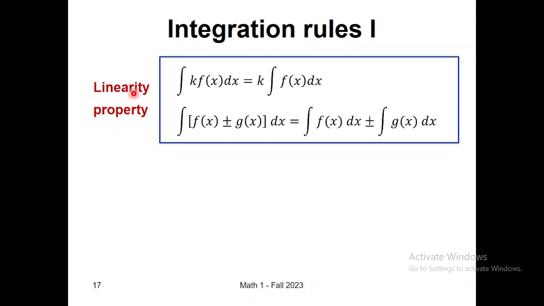If you want to integrate k multiplied by some function f, you can take k outside the integration. So it will be k multiplied by the integration. And if you want to integrate the sum of two functions, the result is the sum of the integrals. And the same for subtraction. So this simple rule is very important, and we can solve many problems.